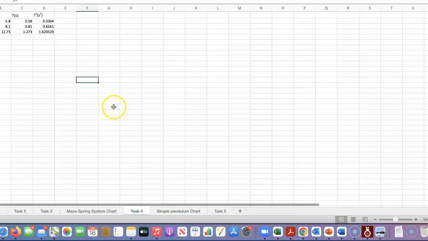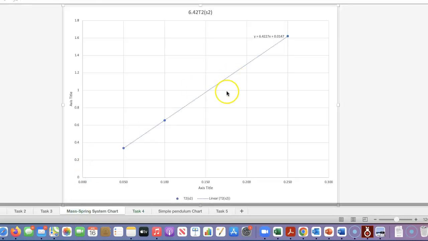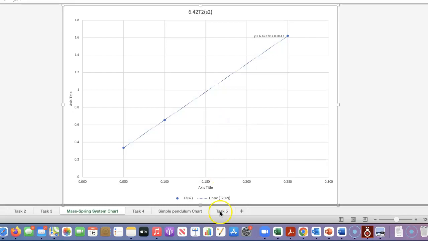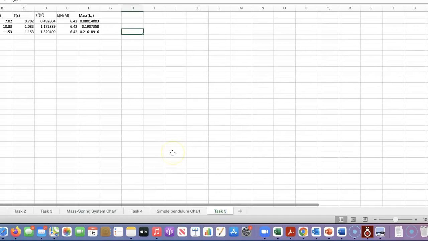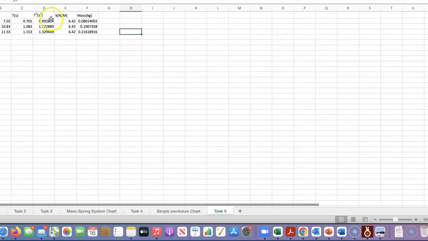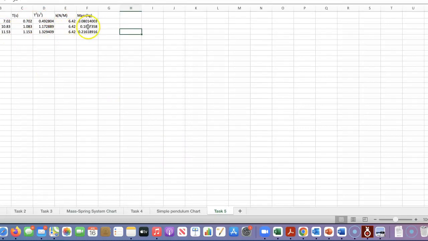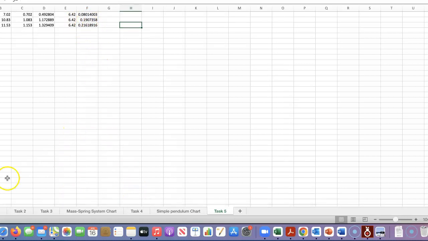Task 4 is this one, and this is the graph. It's only 3 points. Also, I need to label my axis, I need to give it a title, I need to have an equation. And task 5, I have my masses calculated here, and you should get your values.